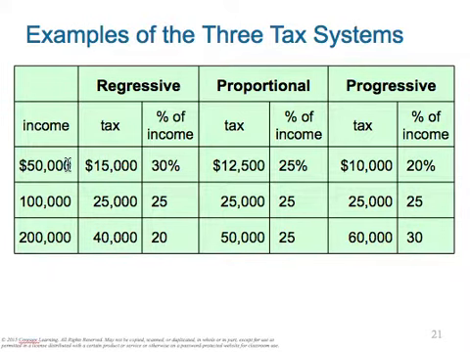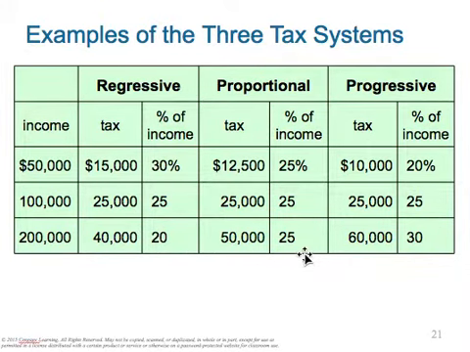Let's say the lower earner, the middle earner, and the higher earner. Well, the lower earner is paying 30% of their income in taxes. Although the middle earner is paying more than the lower earner, their percent of income is lower, and the higher earner is only paying 20%. So the lower earner is paying 30% of their income, and the higher earner is paying 20%.